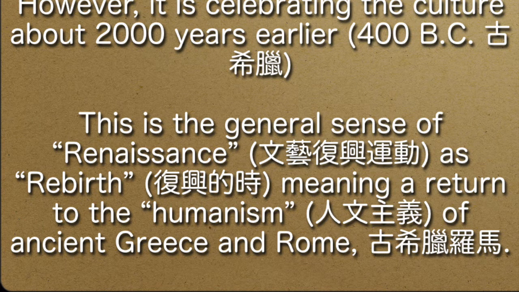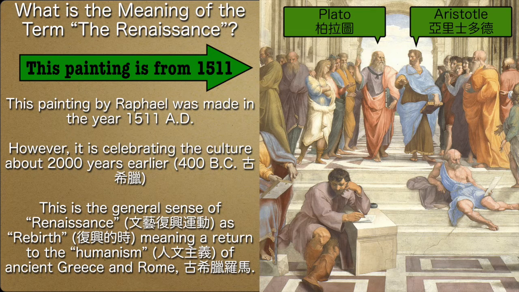Yeah, we have this idea of rebirth, of interest in the ancient philosophy of ancient Athens and ancient Rome, and that this was a struggle between the new idea of humanism and the ideology of the church, the control of the Catholic Church.